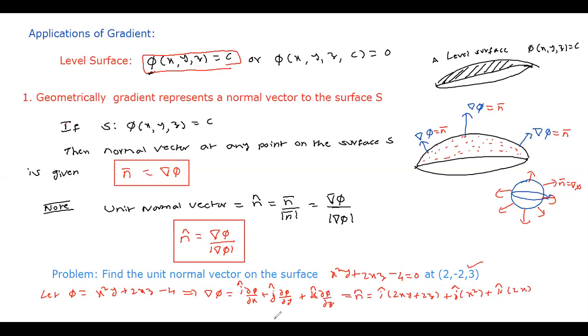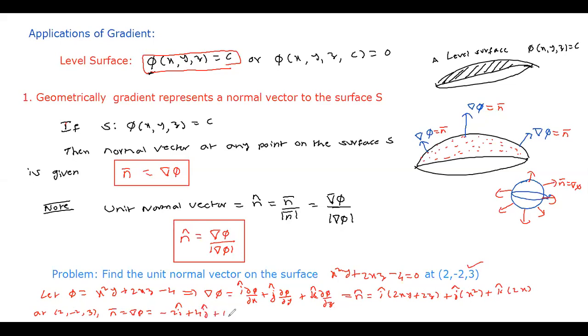At (2, -2, 3), what will be the normal vector? When I substitute here, it is -2i bar plus 4j bar plus 4k bar.